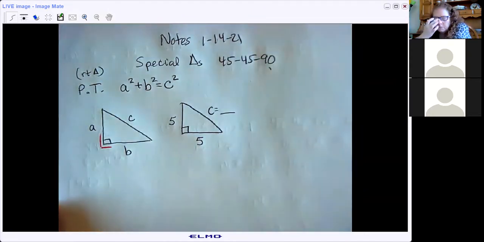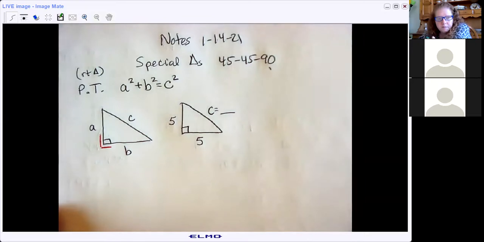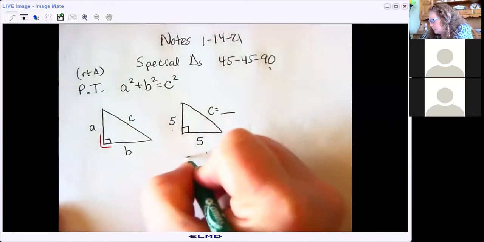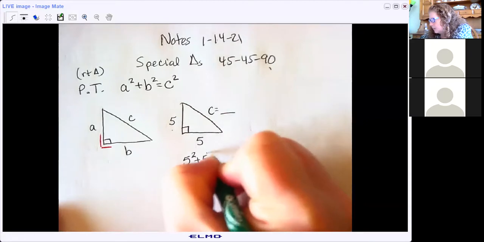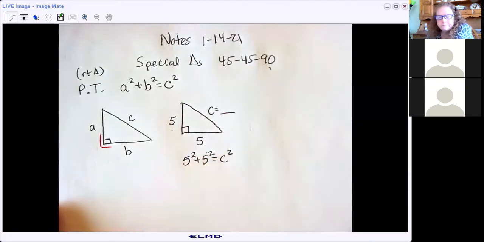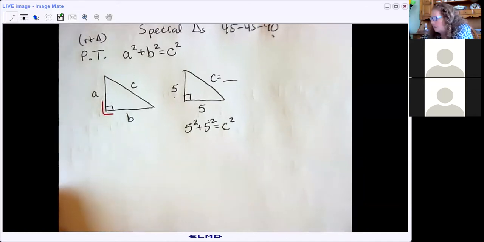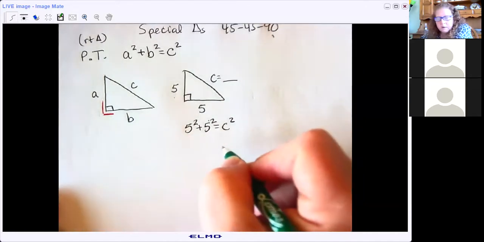Okay. So we would use the formula, apply it to find the hypotenuse. So we have leg squared plus leg squared equals c squared. So let's write it down. 5 squared plus 5 squared equals c squared. And then, like we did in the first semester, we would go ahead and work it out.